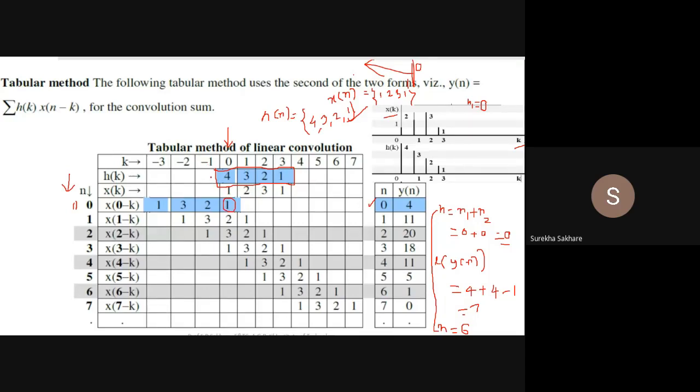Even if you multiply, 0 into 2 is 0, 0 into this is 0, 0 into 1 is 0. So I don't have anything here. 3 into 0 is 0, 2 into 0 is 0, 1 into 0 is 0. There is nothing available here. So there is no sample. You can see the red inking saying that only one overlap is there. So I have a value, 4 into 1 will be 4.